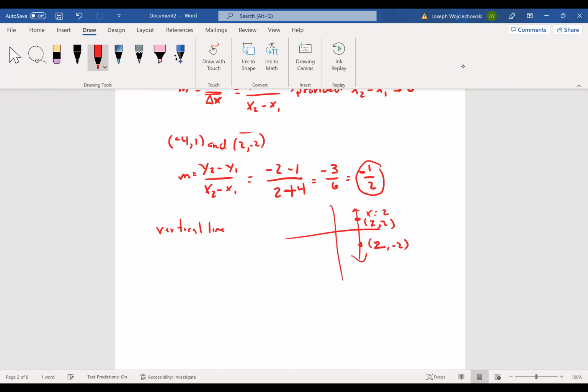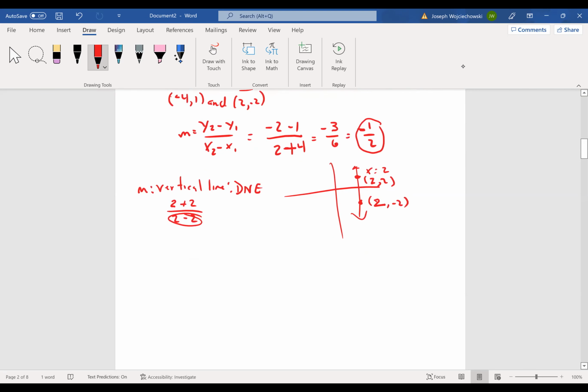So what's my slope? Well, y2, 2 minus -2 over 2 minus 2. And what happens? This is 0. So the slope for a vertical line does not exist. There is no slope. Okay? So what about the slope of a horizontal line?